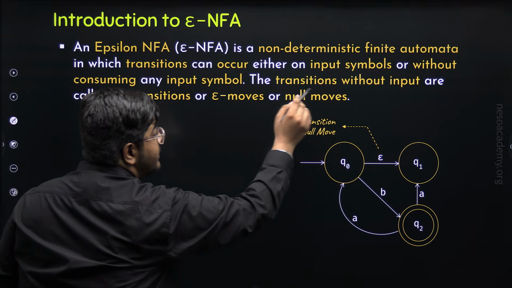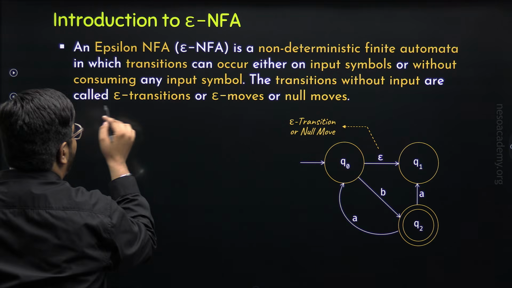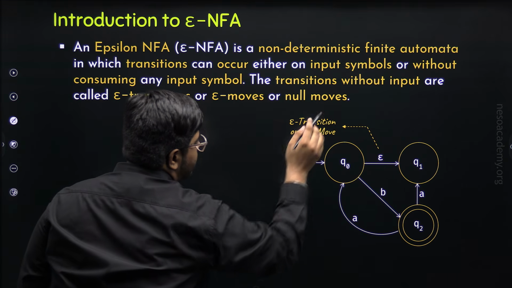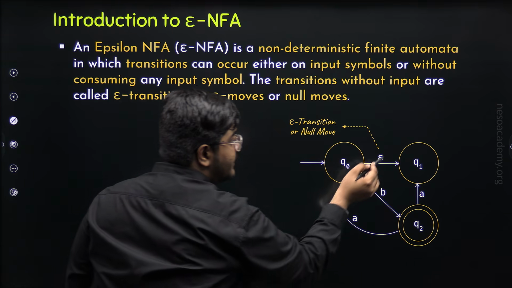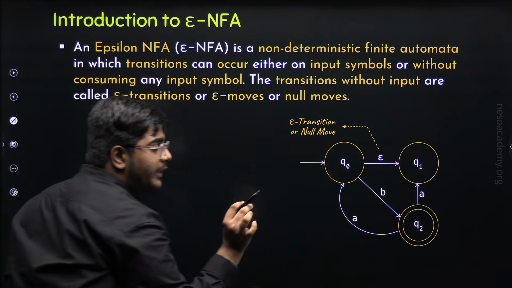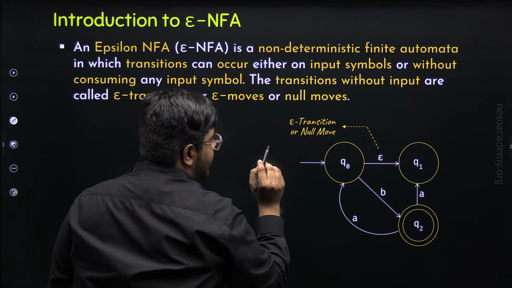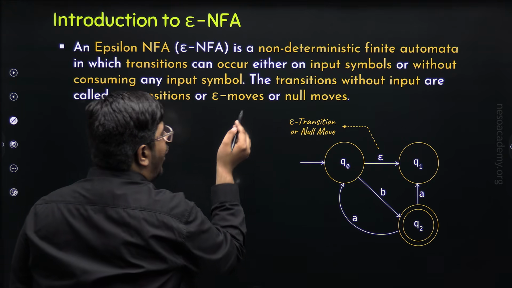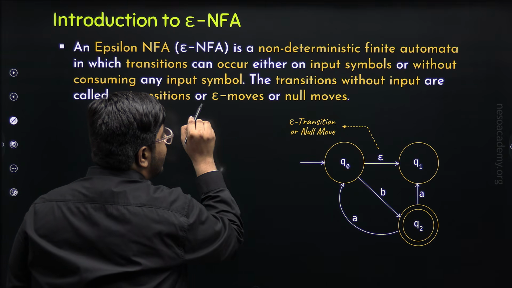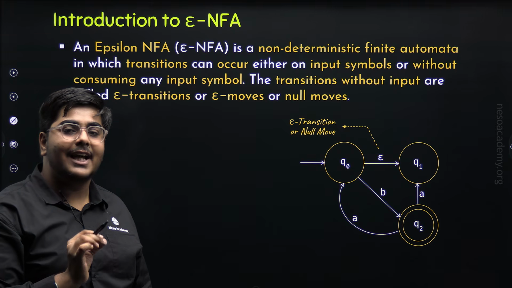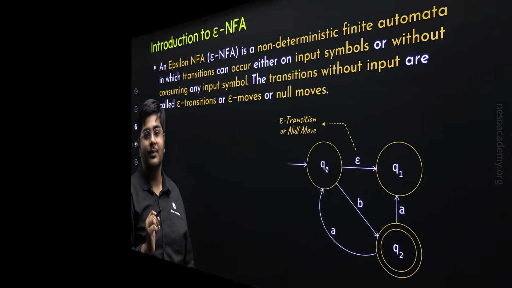The transitions without input are called epsilon transitions, epsilon moves, or null moves, which simply means that such transitions without involving any input symbol are called epsilon transitions or null moves, or we can also call them epsilon moves. I hope the formal definition of epsilon-NFA is clear to you.